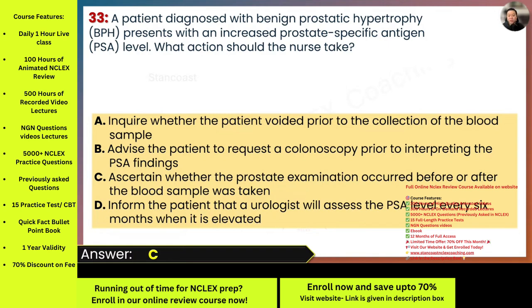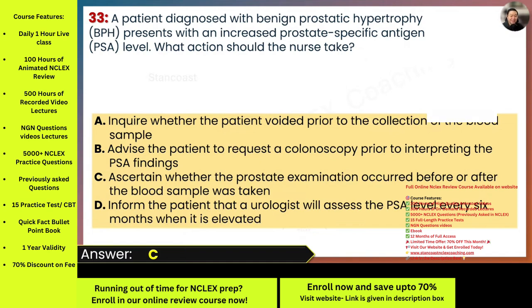And so the nurse should confirm whether the prostate exam was done before or after the blood sample was collected. And ideally, a blood sample for PSA testing should be drawn before any manual examination of the prostate, because we know that the manipulation of the prostate can cause a temporary increase in the PSA levels.